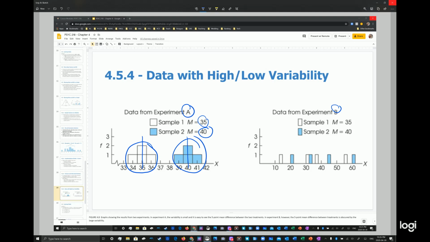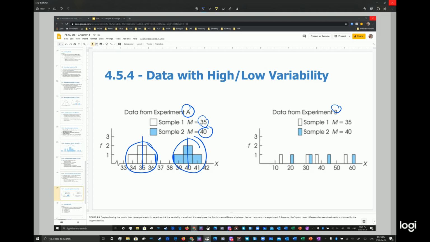And here, knowing that there's absolutely no overlap whatsoever, that is the highest score from sample 1, sample 1 being the distribution with the lower set of scores, and then compare that with sample 2 as the distribution with higher scores and the lowest score in sample 2, and neither of these overlap, then just by looking, we go, yeah, you know what?